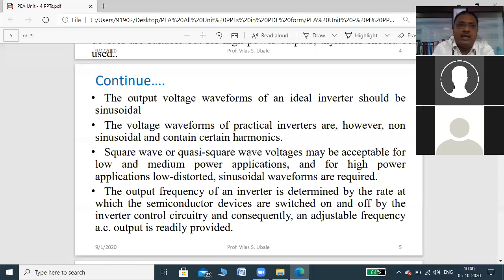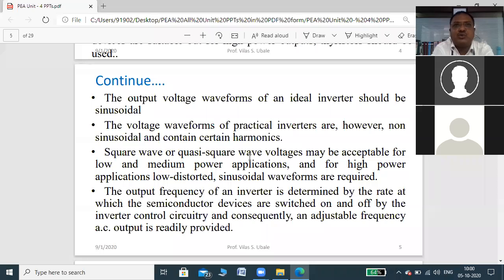We have even seen advertisements on television for pure sine wave inverters, right? A pure sine wave inverter is not possible without some additional circuitry. When we say the output of an inverter is a pure sine wave, it means some additional circuits are used, for example a wave shaping circuit and a filter circuit.